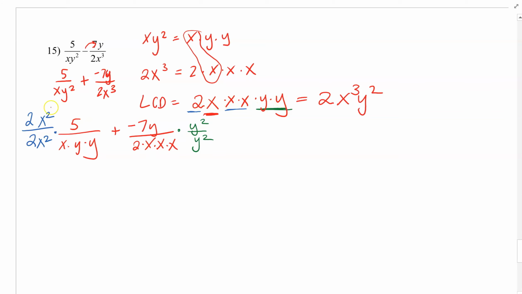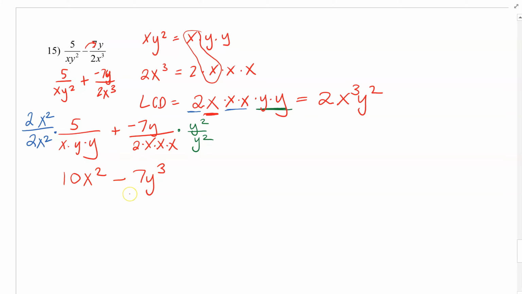Okay, so now I'm going to just go ahead and multiply all of this out, right? So this first numerator, I have 10x squared. And in the second numerator, I have a -7y cubed. So I'm going to put -7y cubed. I don't really need to think of it as adding a negative anymore, really, because I'm not going to be able to combine these like terms anyways.